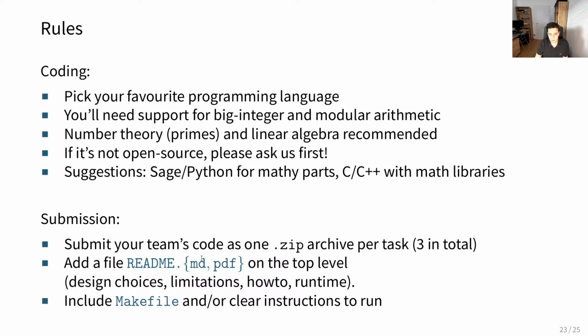You can decide whether it's a Markdown file or a PDF file on the top level, to explain, for instance, the difficulties you had, the limitations of your implementation, and also maybe the choices you made, for instance regarding the size of some numbers. Especially if you do it with C or C++, please also include a makefile or very clear instructions. A makefile is not really required, but then at least some very clear instructions on how to compile the program and how to run it. This helps us a lot.